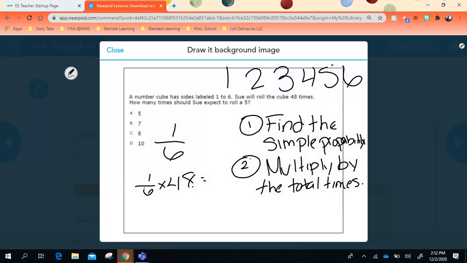Make sure you write those 3 steps down and write those steps to the problem next to it.